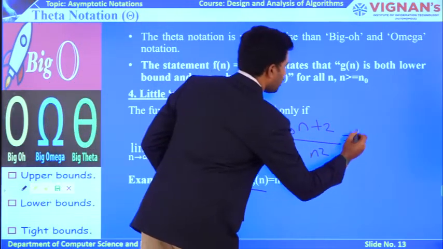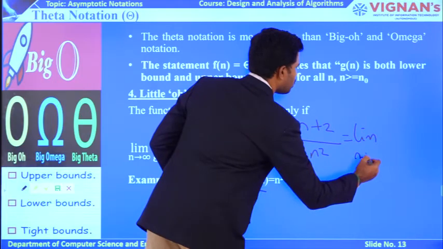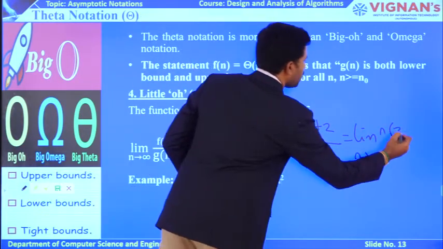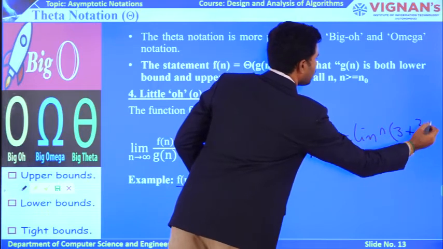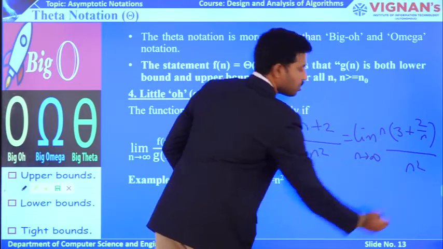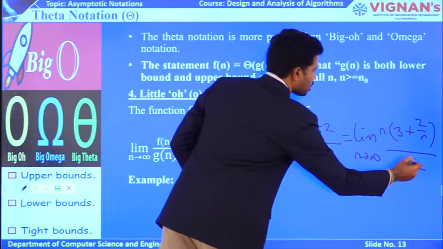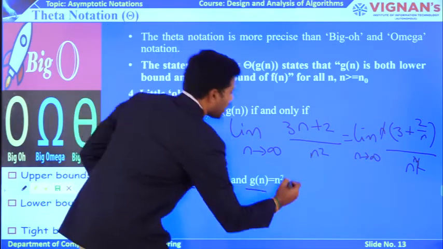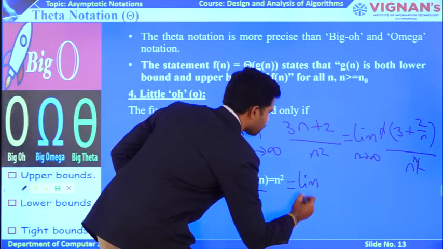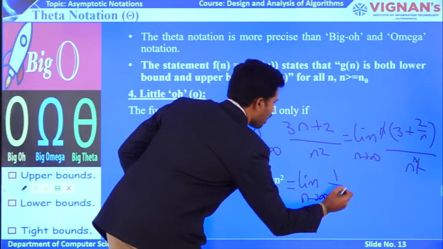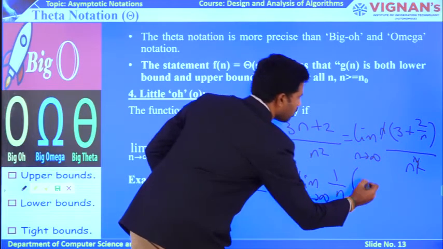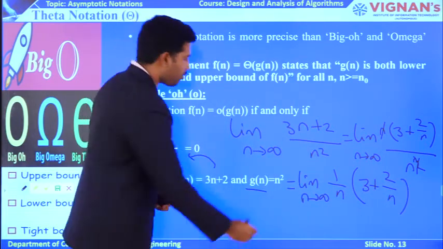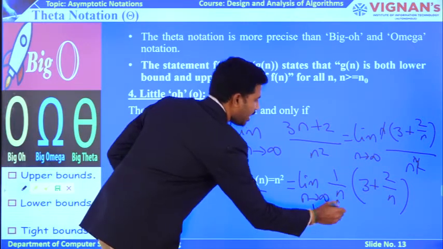If you take n as common, this becomes 3 plus 2 by n over n square. So n as well as one n of the n square get cancelled, and ultimately you will get the limit n tends to infinity of 1 by n times 3 plus 2 by n.